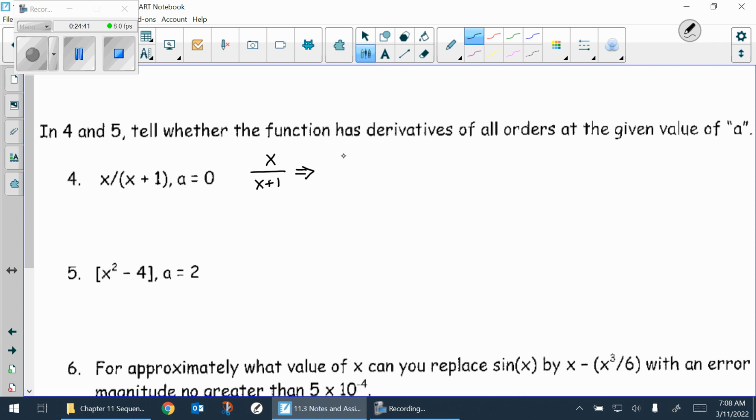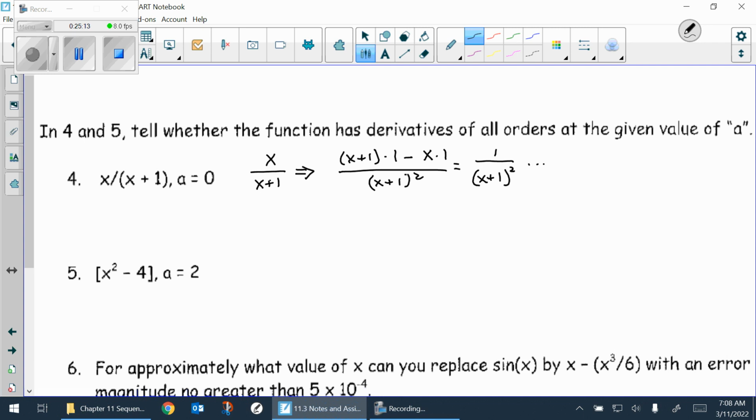If I do low d high minus high d low over low low, I get that the derivative is, let's see, x minus x... I think I get 1 over x plus 1 squared.